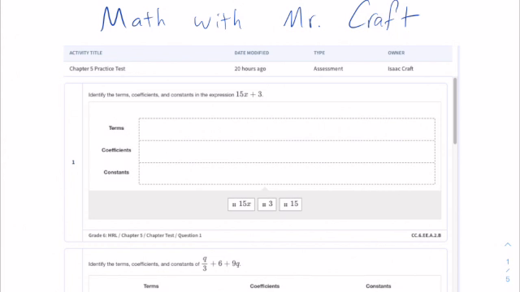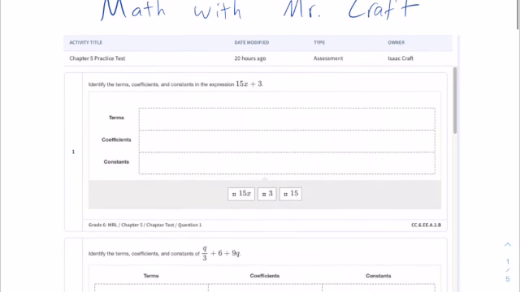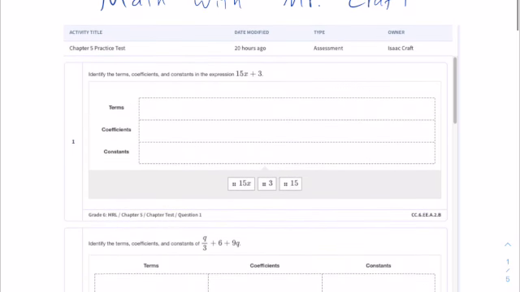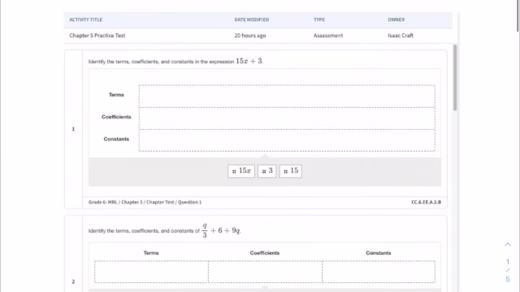The concepts we're going over here are the introduction to algebraic ideas: variables, terms, constants, and coefficients, and how do you write a variable expression from a word problem? How do you evaluate a variable expression if you're given the variable? How do you work with numbers when you don't actually know what the number is? These are all the kinds of things that we're going over in this video today. So if you want help with that, buckle up.